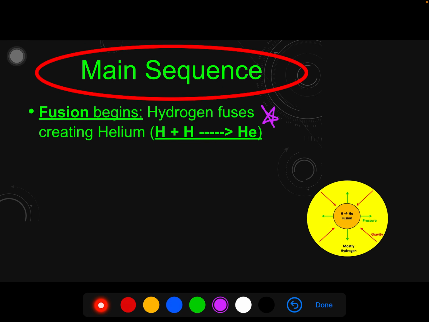The main important point here is about the fusion. That's what we're focused on, is the fusion. So what's happening is hydrogen is fusing into helium, and that gives off a lot of outward pressure. Stars spend most of their life in this phase.